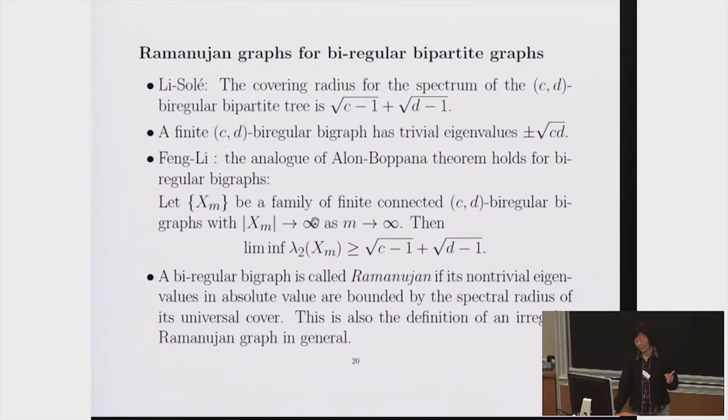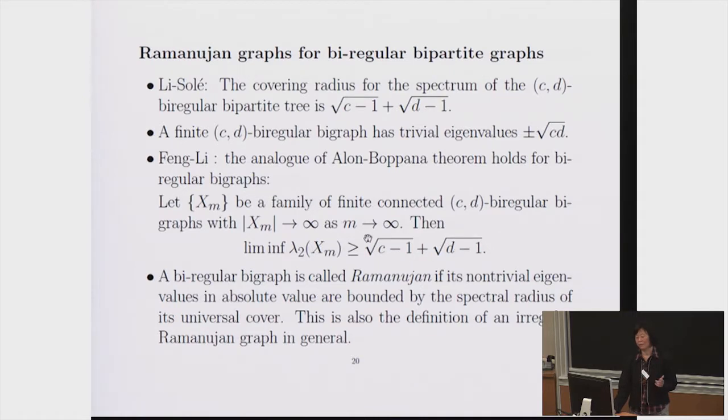If we take an infinite family of (C,D) biregular bipartite graphs, then one can show that the lim inf of the largest non-trivial eigenvalue is greater than or equal to root(C minus 1) plus root(D minus 1). So again, you see that the largest non-trivial eigenvalue tends to go outside of the radius of the universal cover.